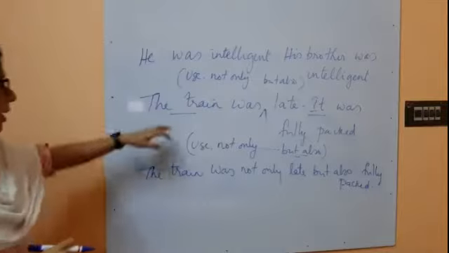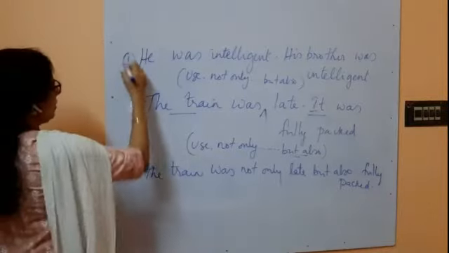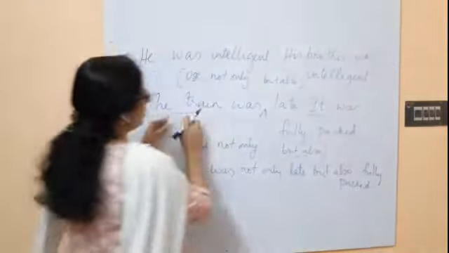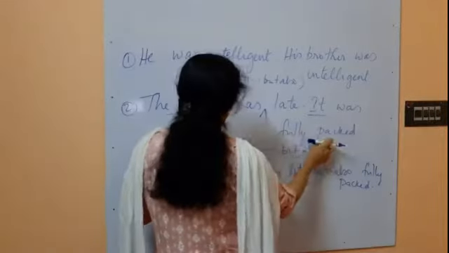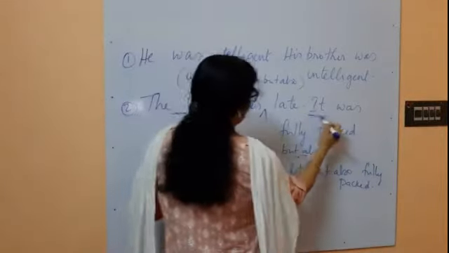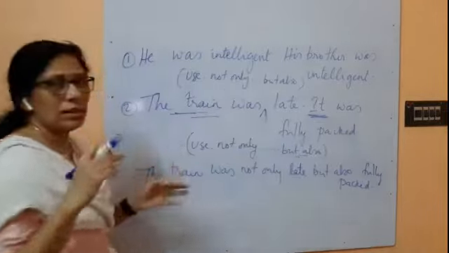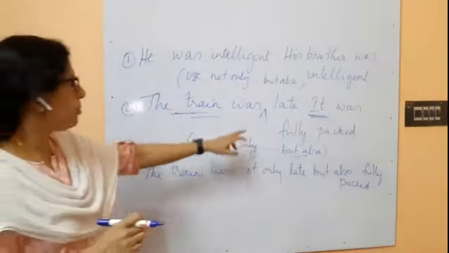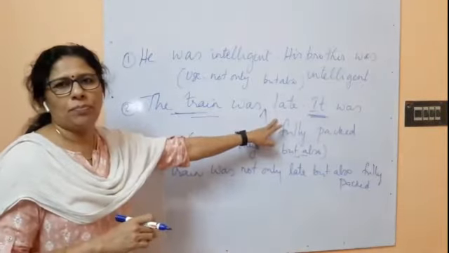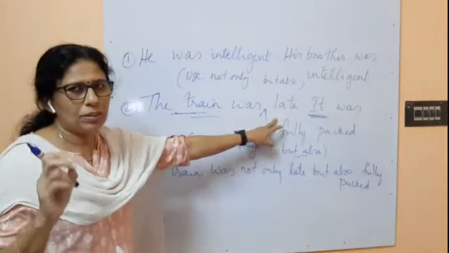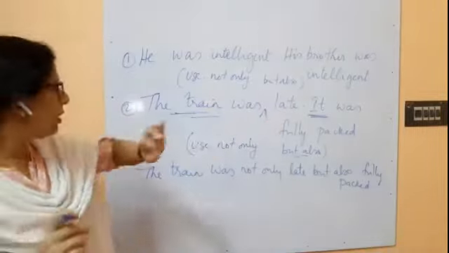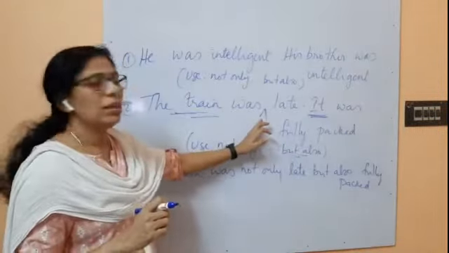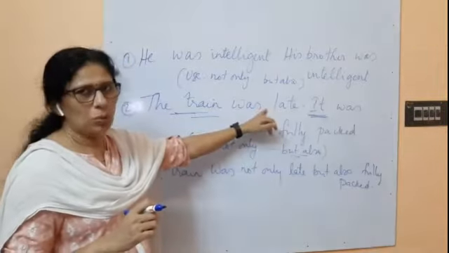The difference between these two sentences, I want to make it clear to you. Here the train was late, it was fully packed. Both the subjects are same. So if both the subjects are same, when you are combining with not only but also, you have to place it after the verb. That is the rule, so please mention it in your book. If both the subjects are same, you have to insert not only after the verb.